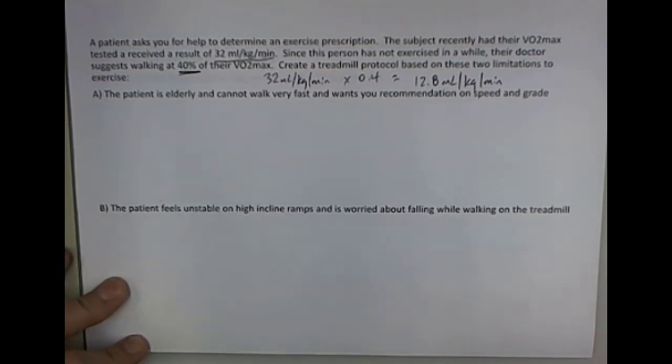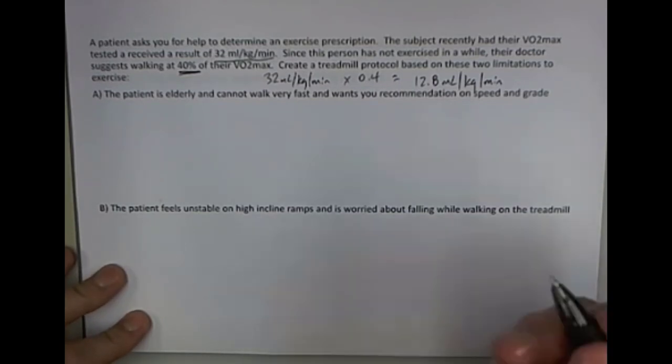Now, as we move to part A, it says the patient is elderly and cannot walk very fast and wants your recommendation on a speed and a grade. So our goal here is to pick a speed that is relatively slow.